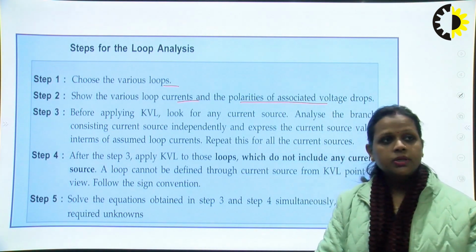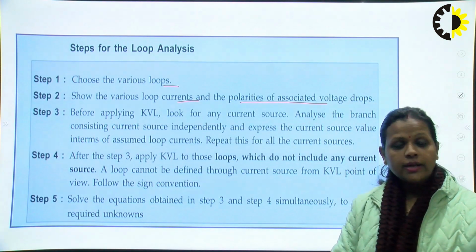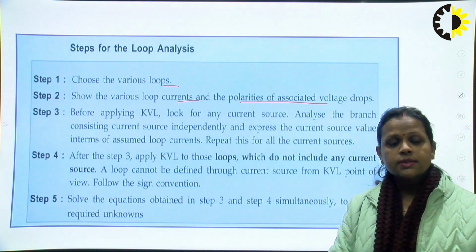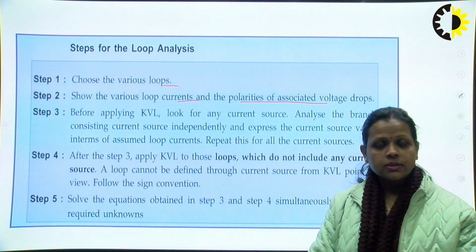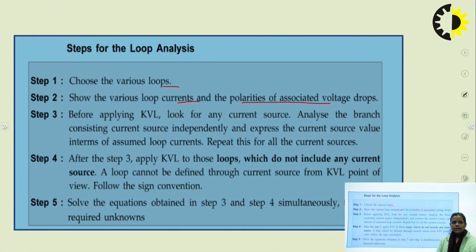And then step 3, before applying KVL, look for any current source, because we can't write a loop equation including the current source. So analyze the branch consisting of the current source independently and express the current source value in terms of assumed loop currents, and repeat this for all the current sources.